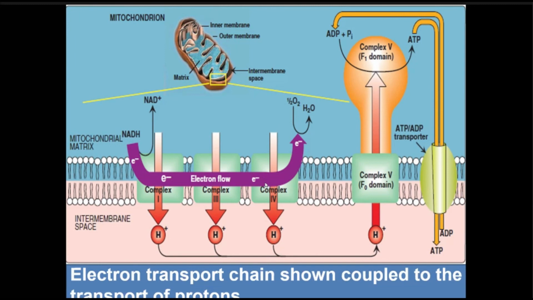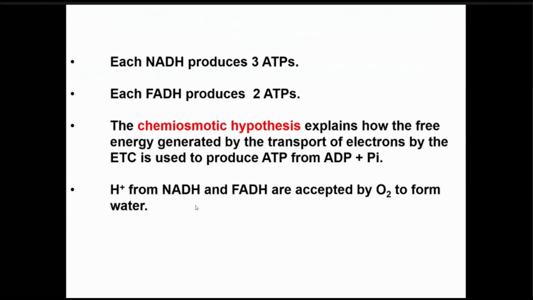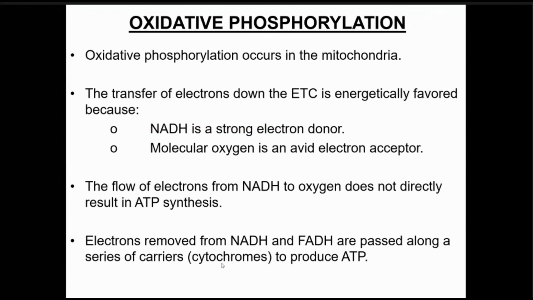You need carriers or shuttles, as I mentioned before. These are called cytochromes. There are other carriers we'll talk about later, just to mention them to you. So the first information: these are called cytochromes. So what is a cytochrome? It is a carrier. I hope you know what a carrier is.